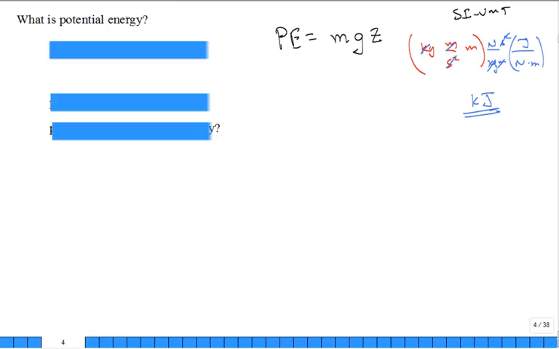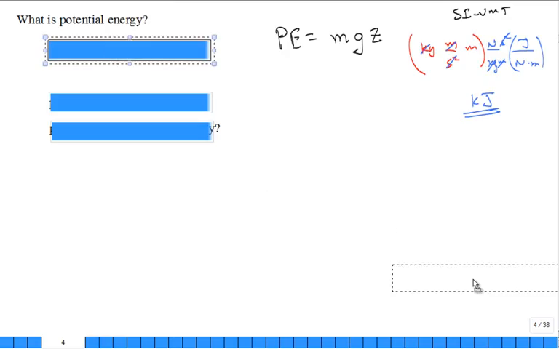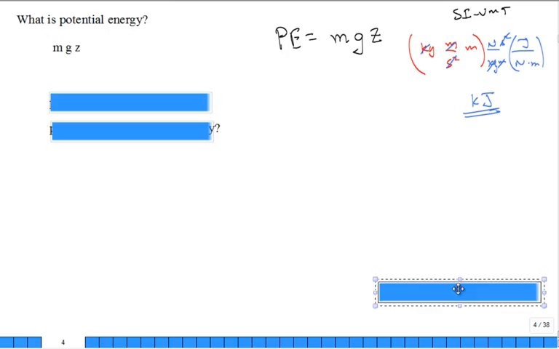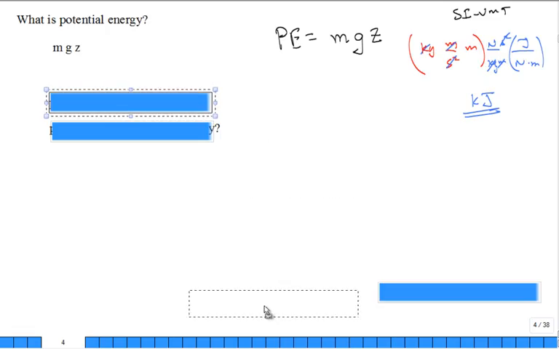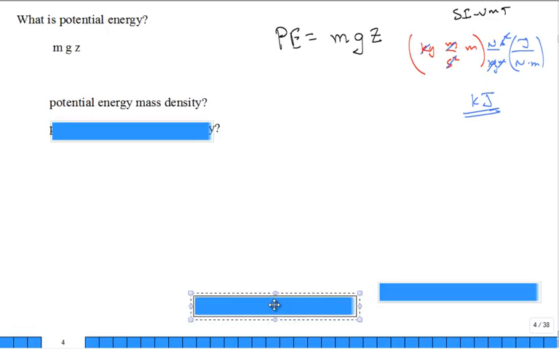So I didn't uncover that box on the other one, but that's all. We're just confirming that the potential energy is mgz. Well, what do you think's under this box right here? Can you express the potential energy per unit mass? Can you talk about its mass density? Well, let's take the cap PE and divide by m.